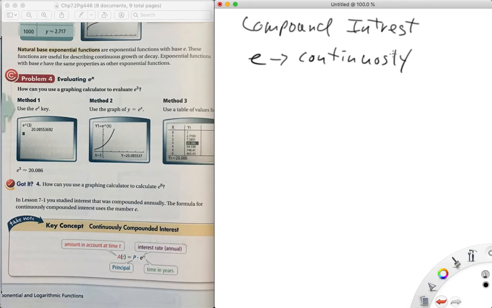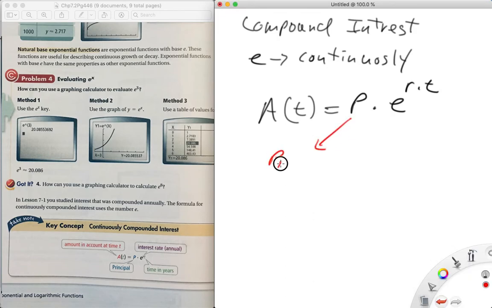I don't like that they don't talk about other compounding first. So when we do the equation using e for money, it's a function, A of t, where t equals time, is equal to the principal, which is the money that you start out with, times e raised to the r times t. So P, they call it your principal, and that's the money you start out with.